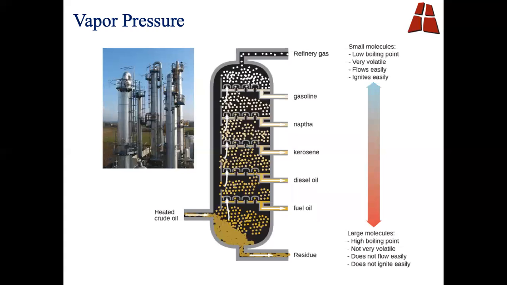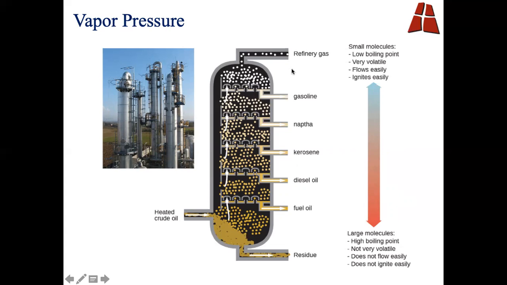Reasons we might care about this. This is an incredibly important process to things like refining oil. And so we can get these different kinds of oil refinery columns. This is what they look like from the outside. And then based on how volatile something is, it will go higher and higher up, essentially.